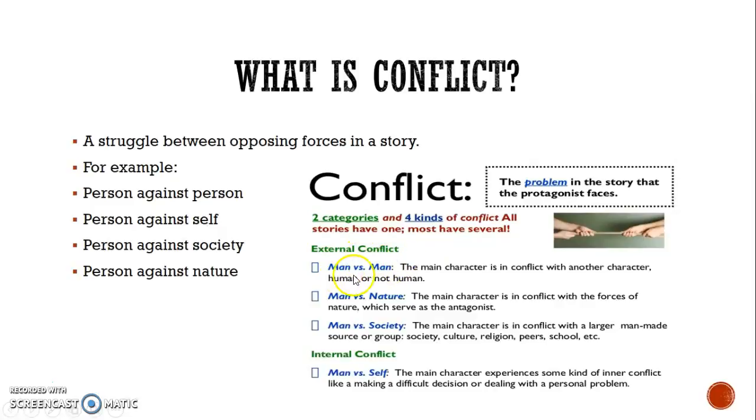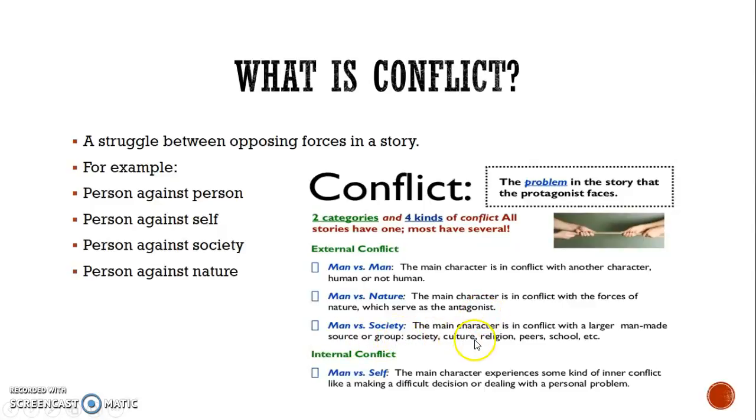External conflict, man versus man. The main character is in conflict with another character, human or non-human. Man versus nature. The main character is in conflict with the forces of nature which serve as the antagonist. Man versus society.